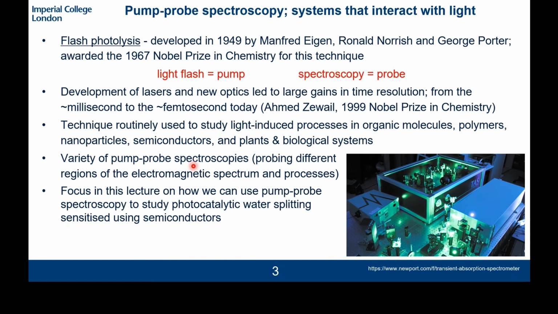Like she showed, if you look in the radio wave region, you'd see different nuclear spin interactions. But then if you go to higher energy, maybe it's rotations, then vibrations, and then in the UV or visible region, it's electronic excitation. So you can look at all of these different perturbations that are induced by your initial pump and how it affects your system.